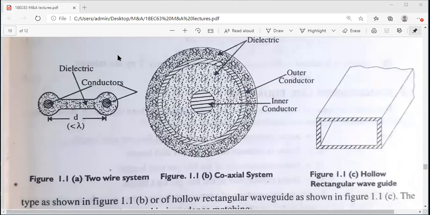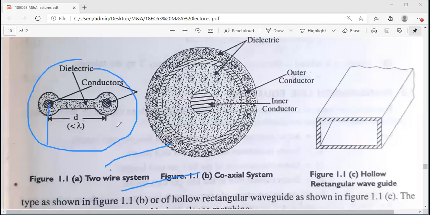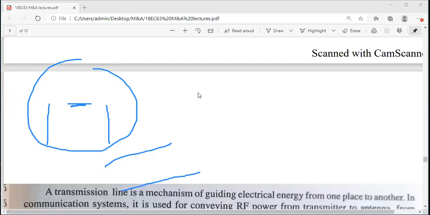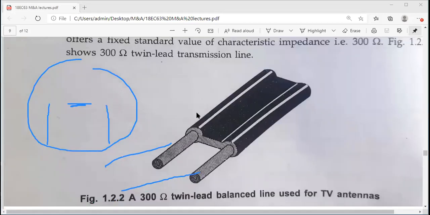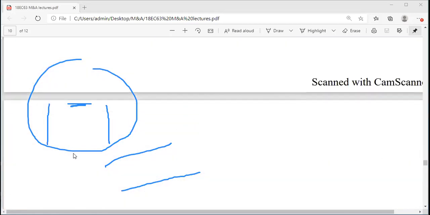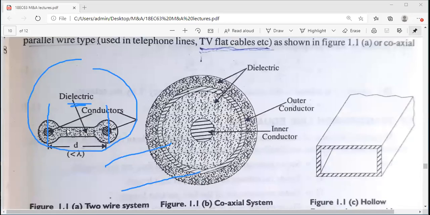You can see the obsolete one, the black one, that the transmission line in your television sets used to have. Something like this, two strips. These two indicate those two lines. In between you have a small thin material. You can see it here. This one, the front view of this section, is the first one.